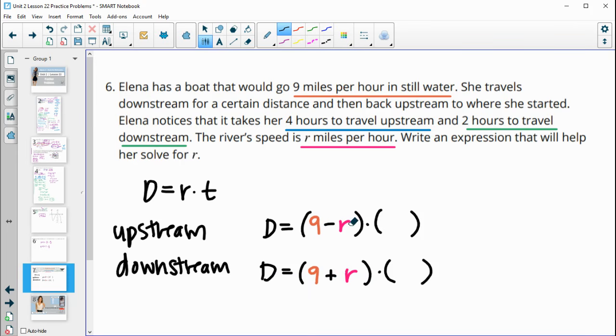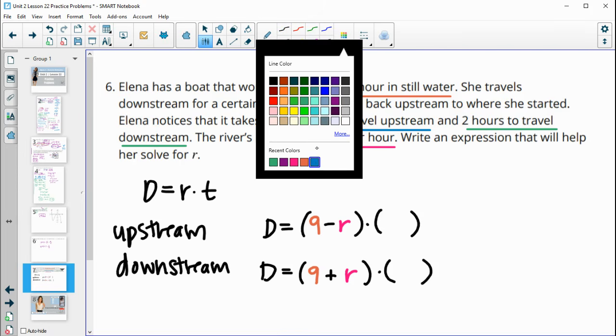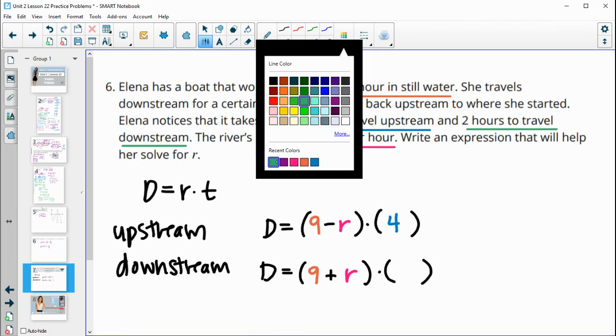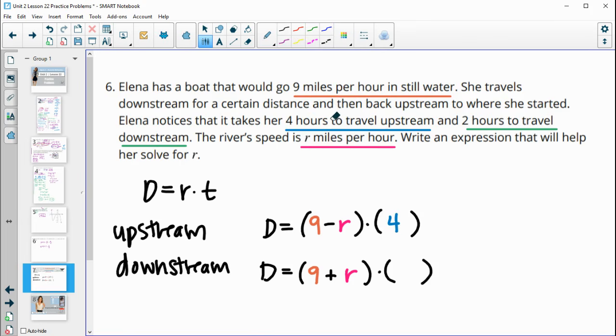So upstream will subtract the rate from her normal speed. Downstream will add the speed to her normal speed. And then we have the time that it took her to travel. So when she was going upstream, it took her 4 hours. And when she was going downstream, it took her 2 hours.